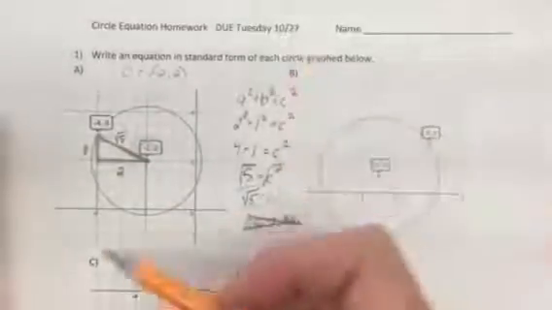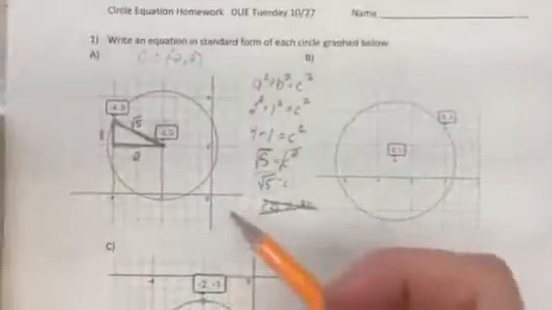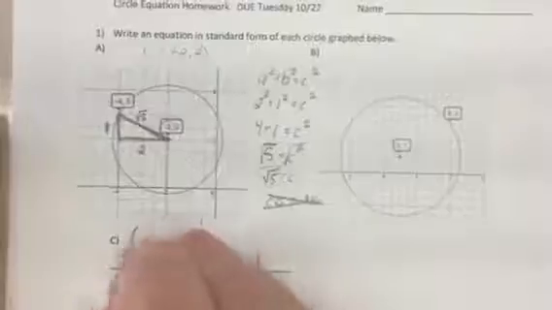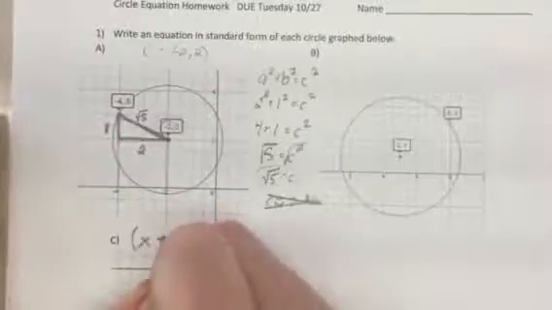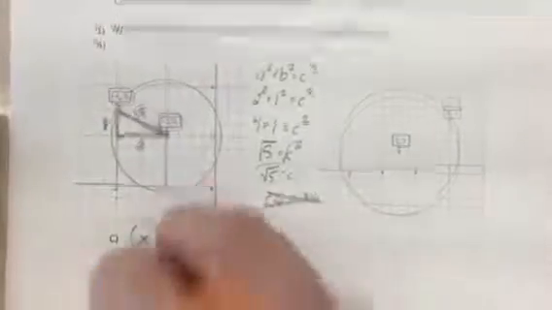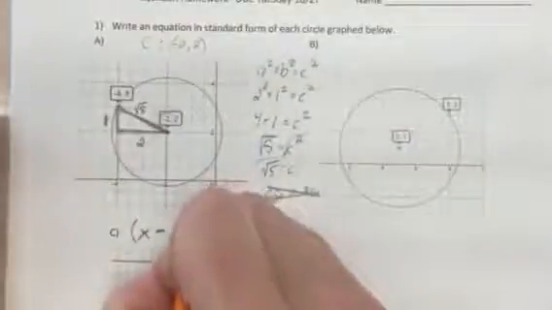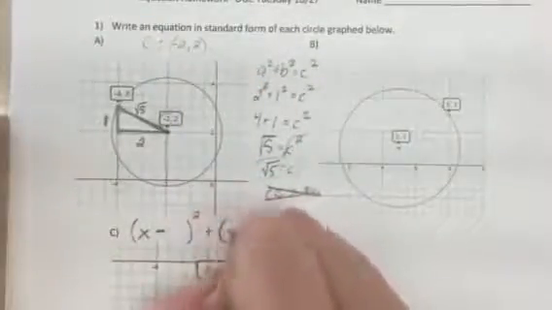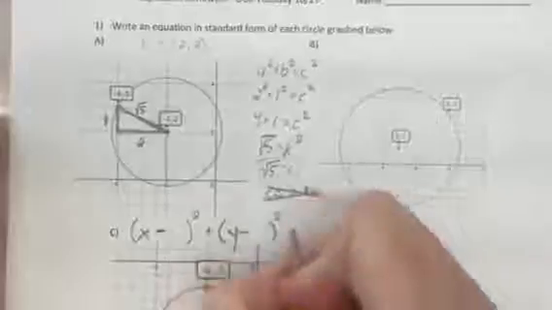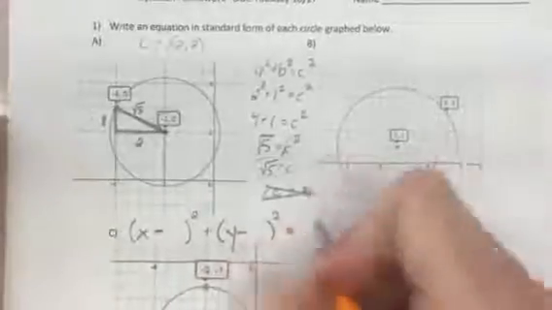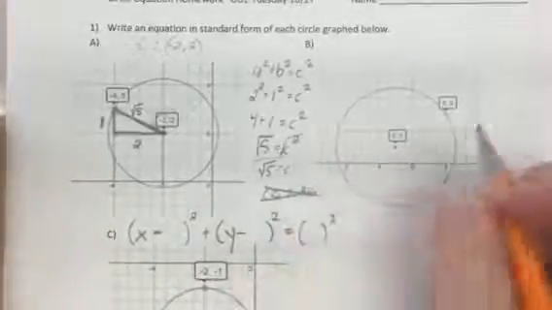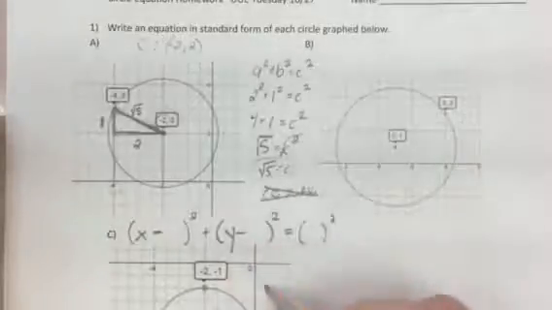Okay, so that's enough information to write the equation in standard form, because the equation in standard form, remember, we just always have x minus something squared plus y minus something squared equal to the radius squared, right? The radius squared. So now I just kind of need to fill in the blanks.